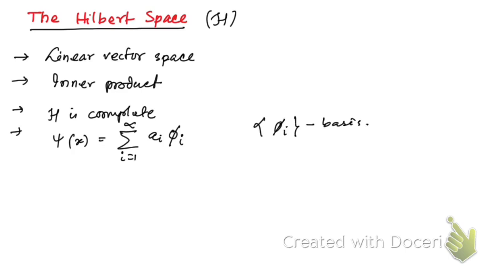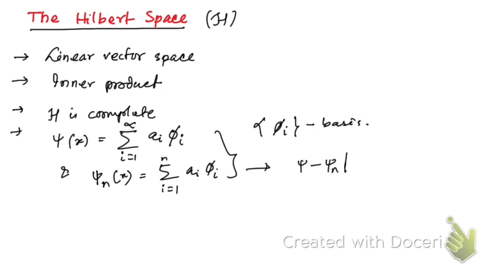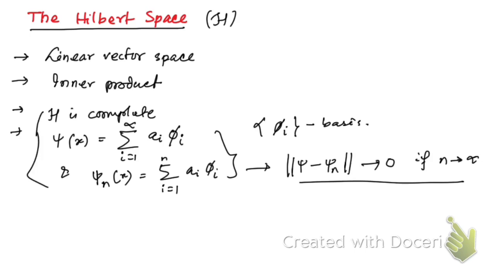And also we have psi n, the summation of vectors from i equal to 1 to n of ai phi i. If that is the case, then psi minus psi n tends to 0 as n tends to infinity. This condition must be satisfied. Then we say this H is complete.